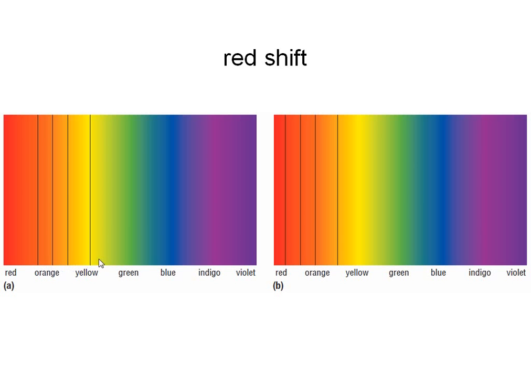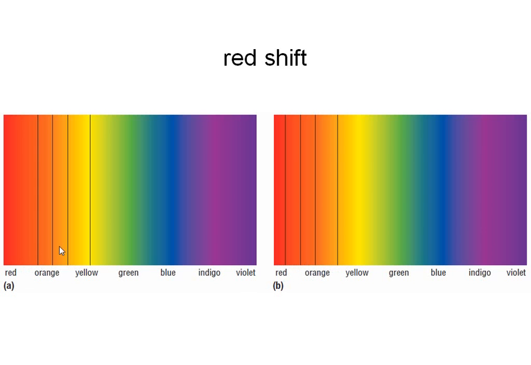So this is the fingerprint of a certain element, okay? The light emitted by a certain element in that galaxy. However, after some time, you measure it again, you observe the light again. Then you find that the light moved to the right side.